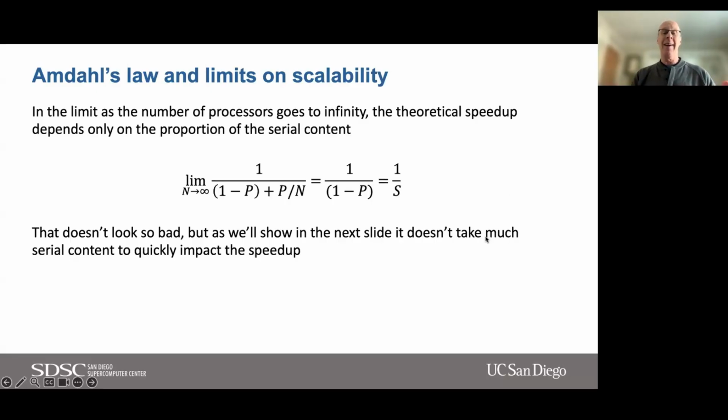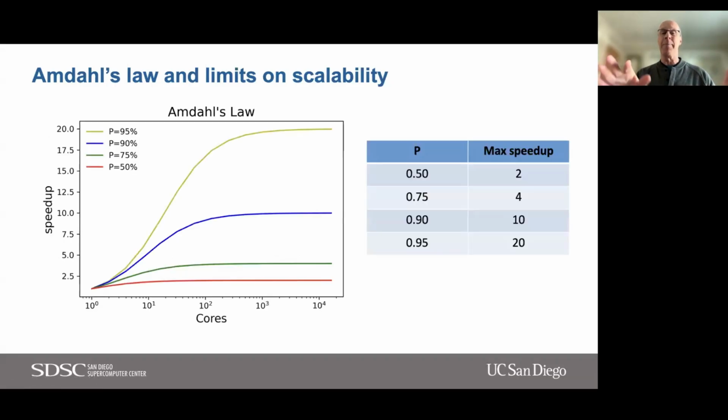And we're going to show in the next slide, it doesn't take much serial content to quickly impact the speedup. So here's a figure I put together showing the speedup as a function of number of cores for code with 50, 75, 90, and 95% parallel content. We can see that the maximum speedup ranges from 2 for 50% up to 20 for 95%.